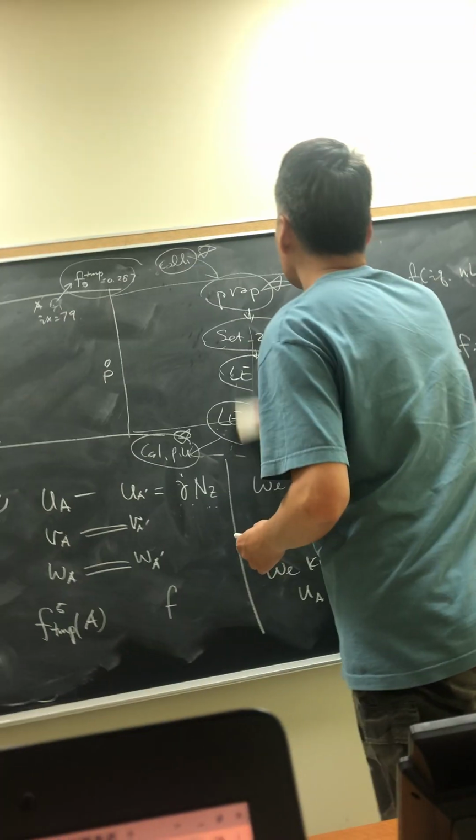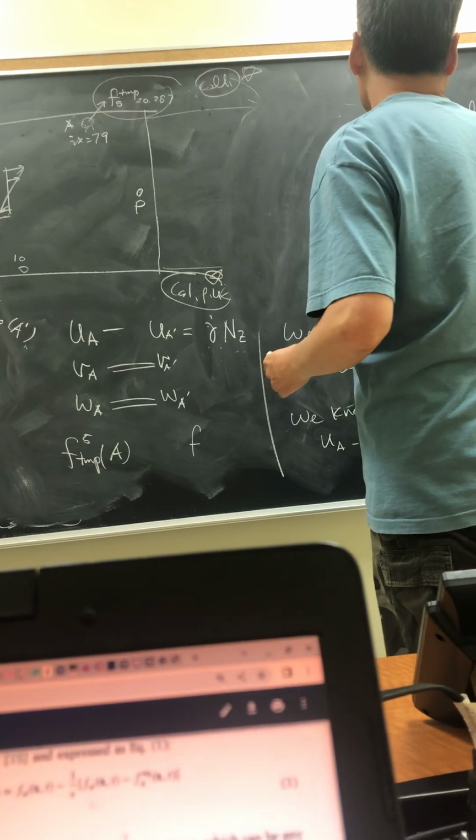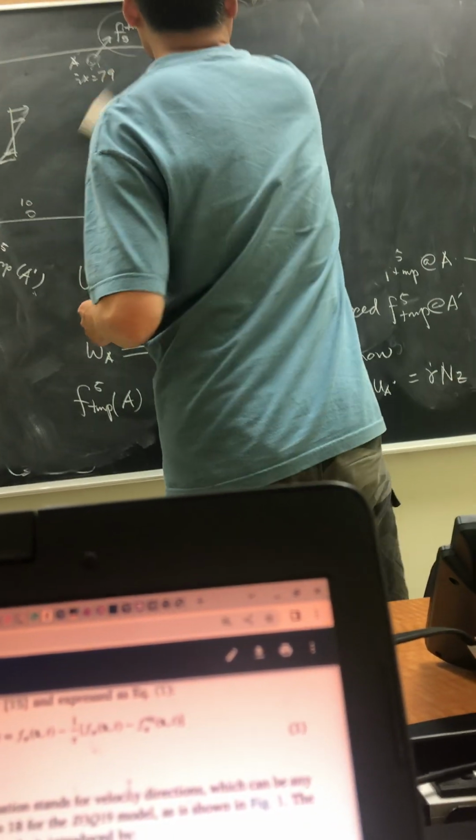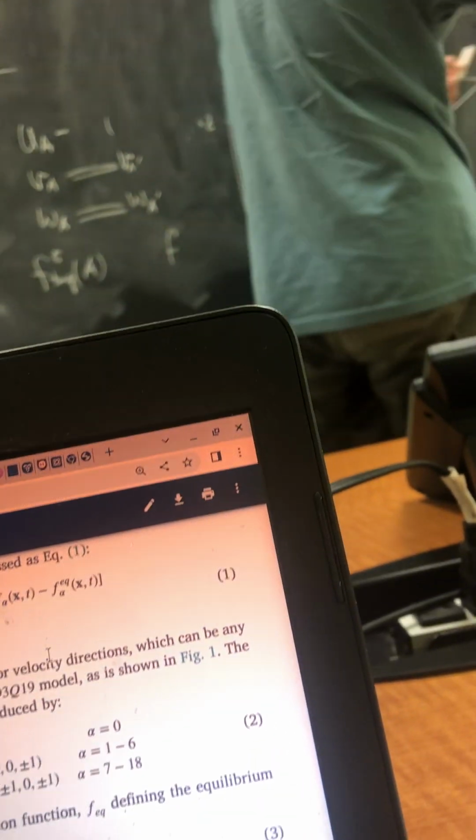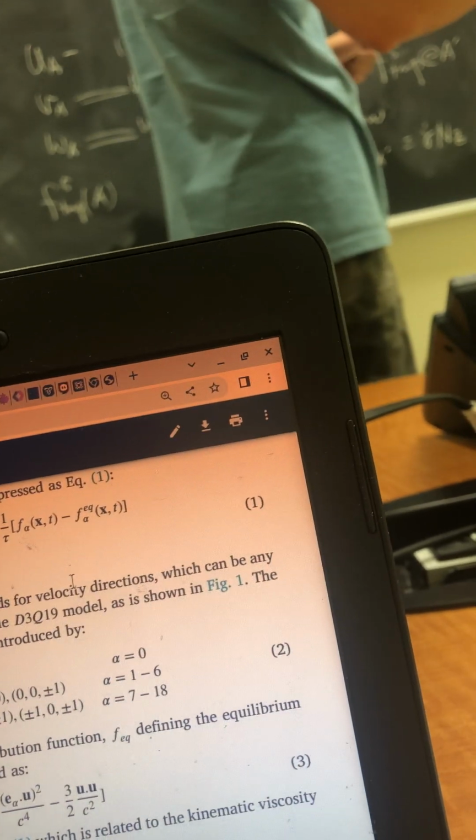For example, you have the E dot U, right? You may want to get a piece of paper and do the derivation to see if you can simplify this a little bit more.